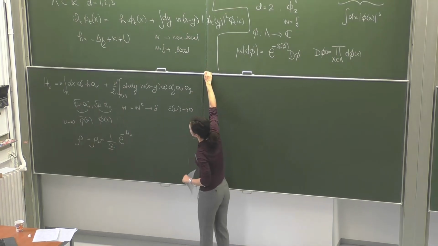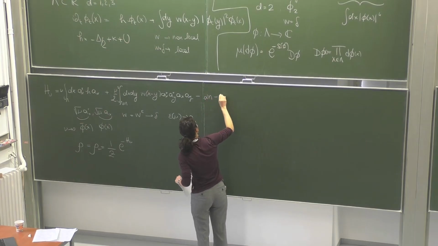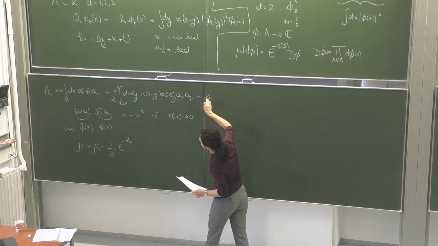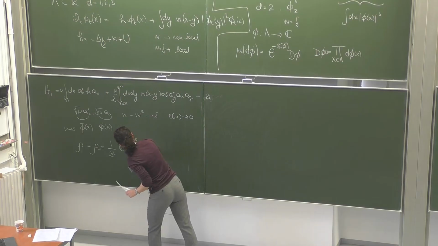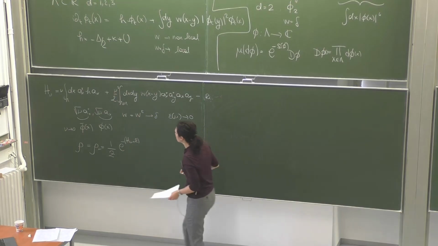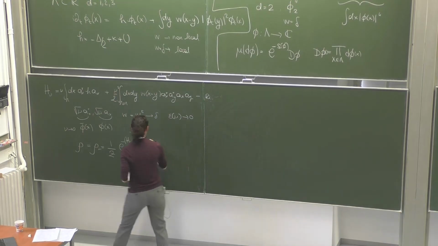Sorry, I forgot to say something else. Here I have some renormalization constant that I'm subtracting, this operator R appearing here, and it is the mass and energy renormalization to the Hamiltonian. And Z is the partition function.